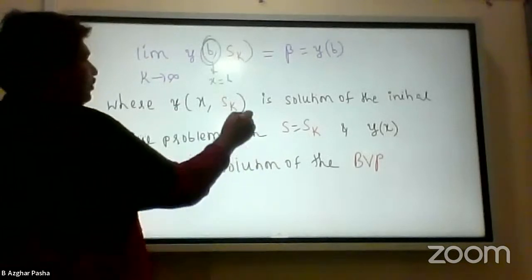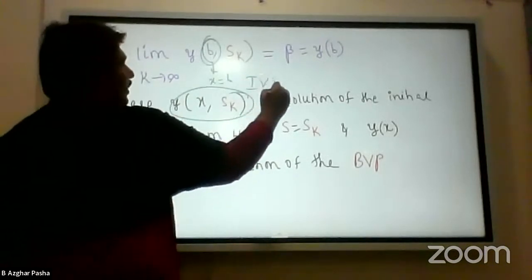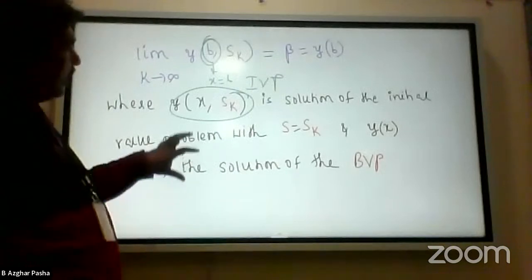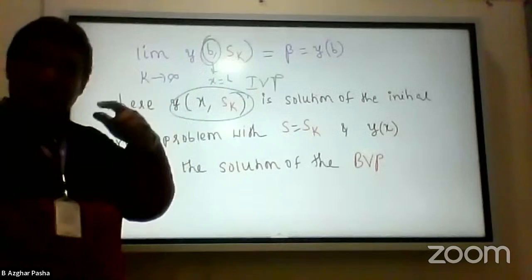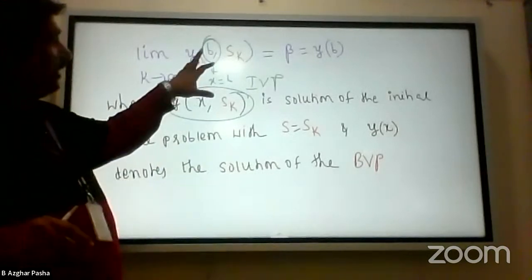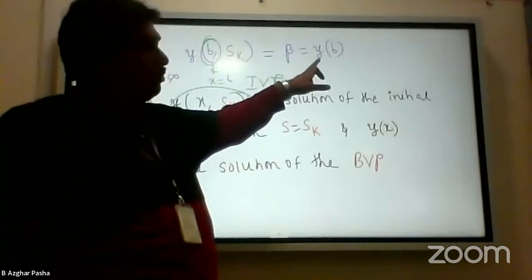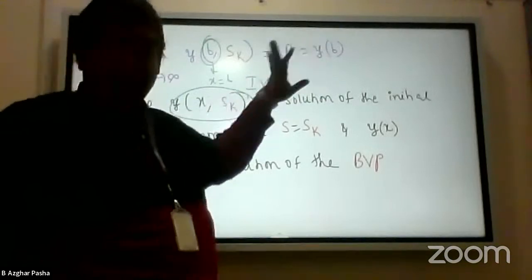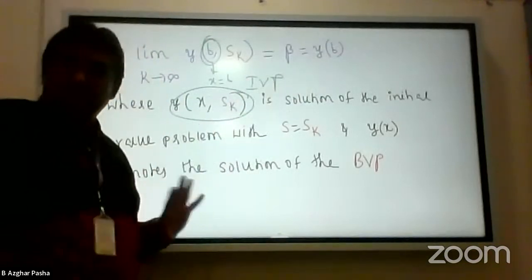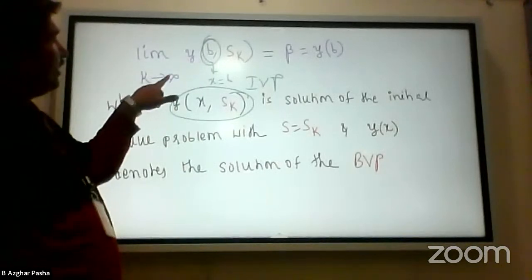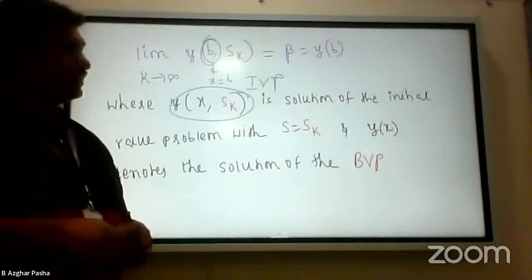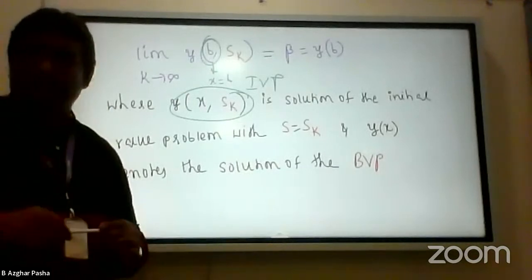Y of X is the solution of the IVP. I am substituting X as B, so I get the value of Y at B. That value should match the given boundary condition beta, that is Y of B. This is what I am aiming for: the limit as k tends to infinity of Y of B comma Sk should be equal to Y of B, the boundary condition.